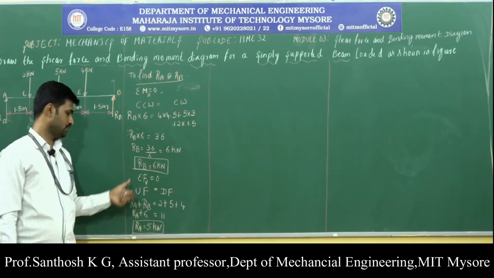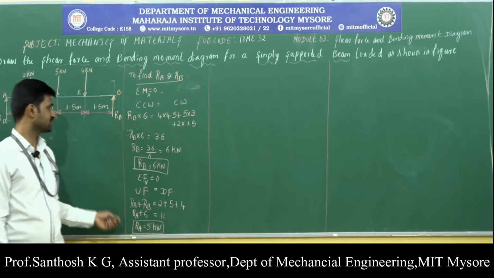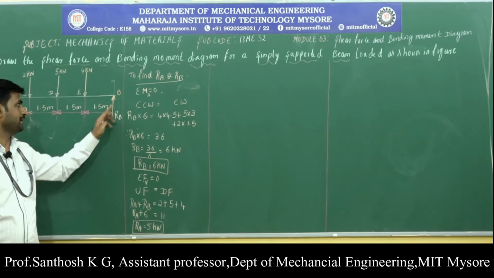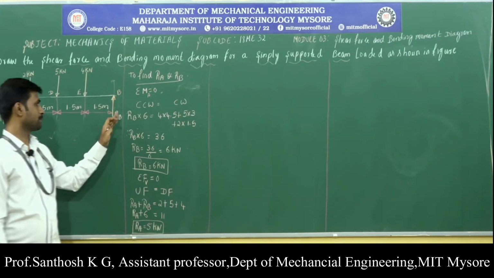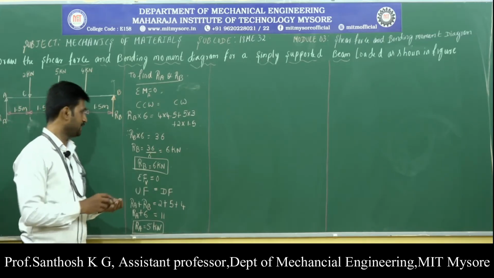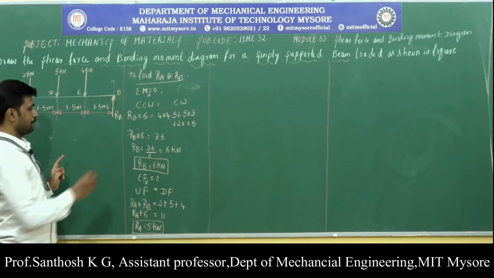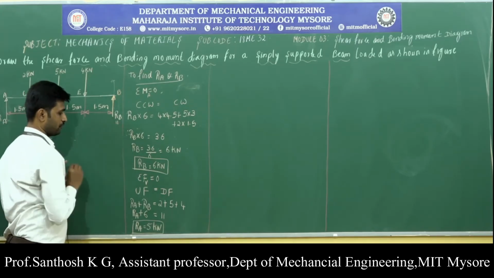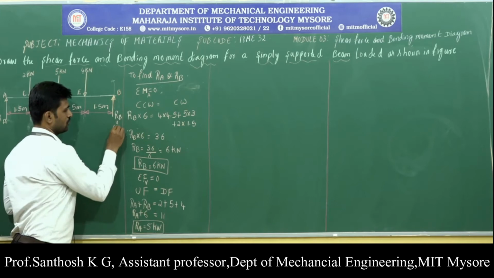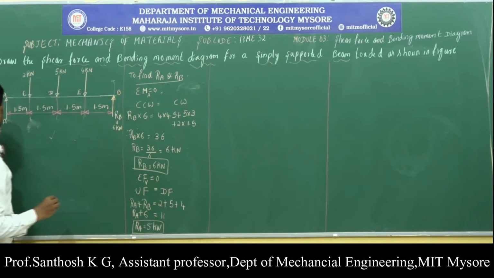So these are the reactions developed at the supports at point A and point B. At point B, the magnitude of reaction is 6 kilonewton, whereas at point A, the magnitude of reaction developed is 5 kilonewtons.